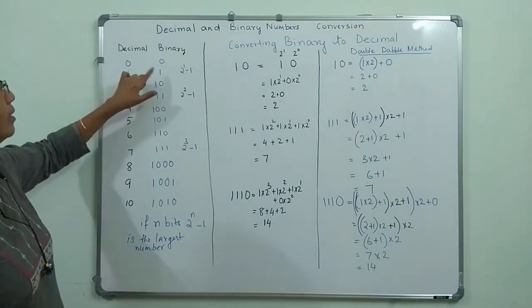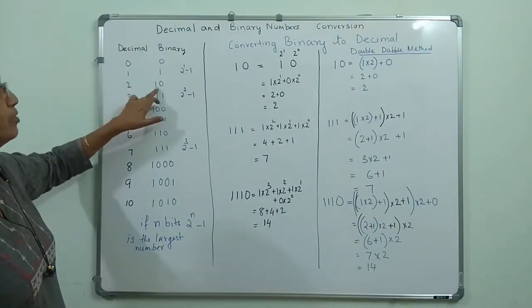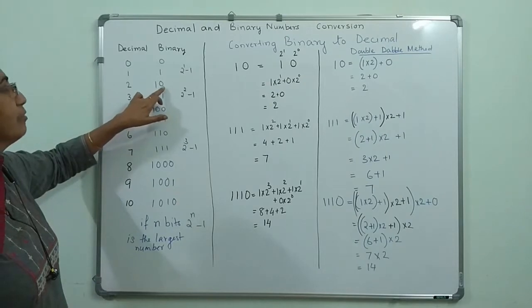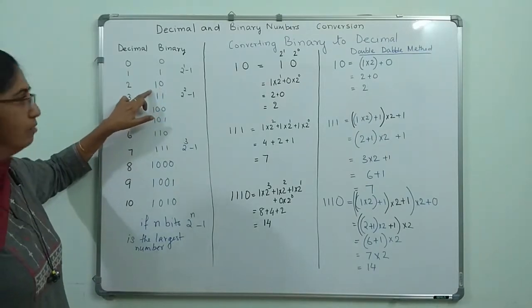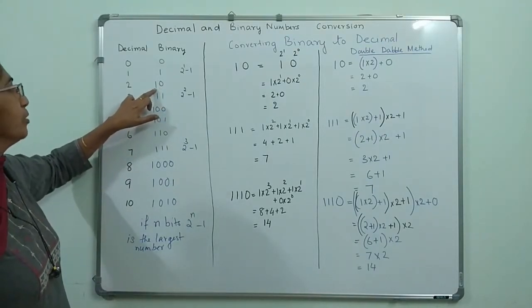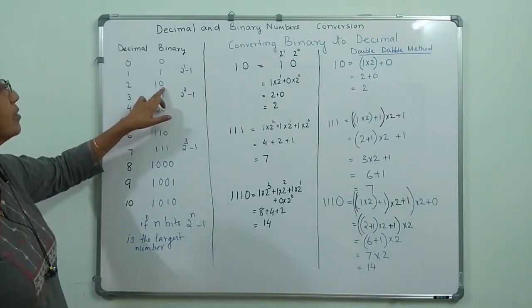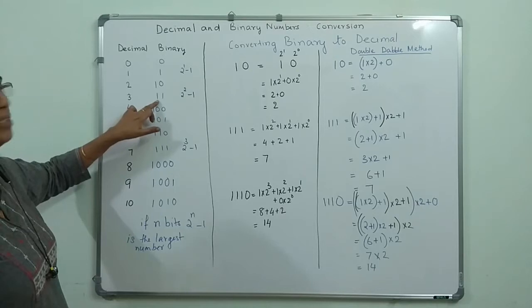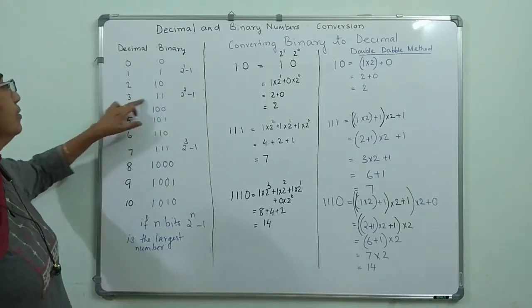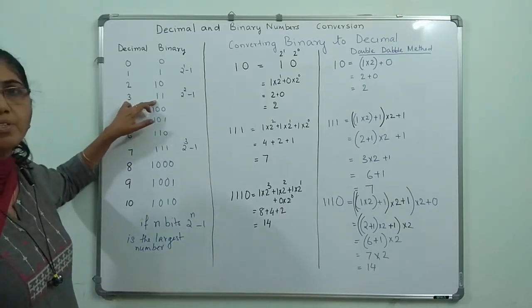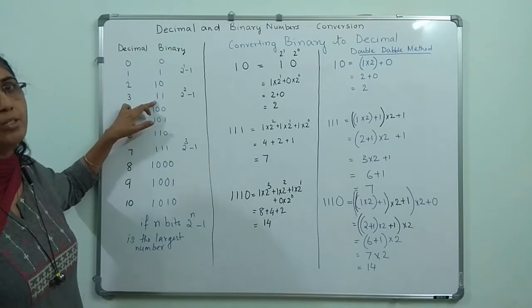Next, to represent 2 we need 2 bits. So the first one goes to 0, the second one is 1. This is our number 2. Number 3 becomes 1 and 1. So this is the maximum value that can be represented in a 2-bit space.